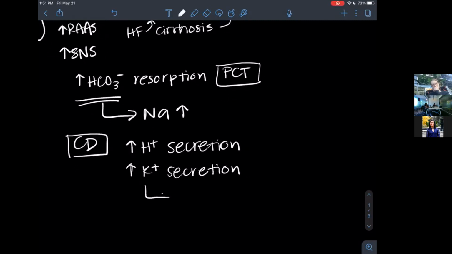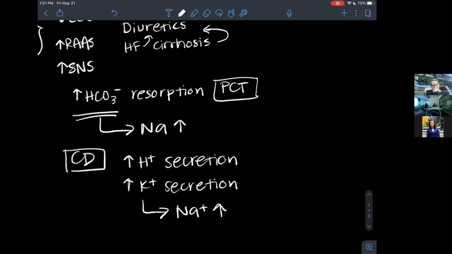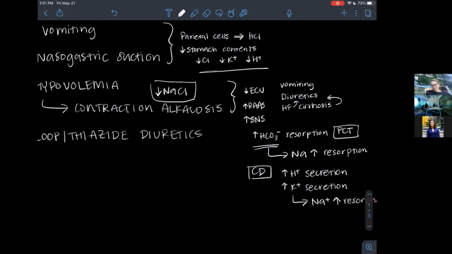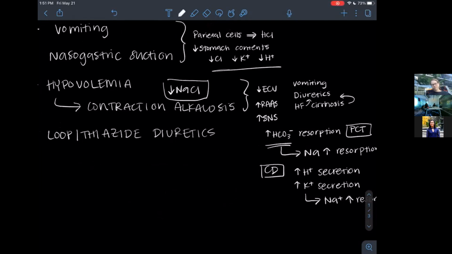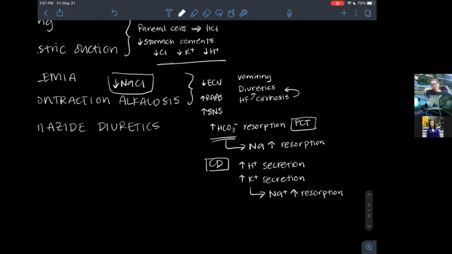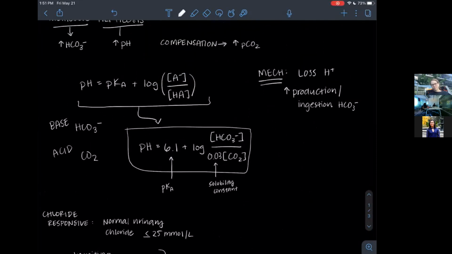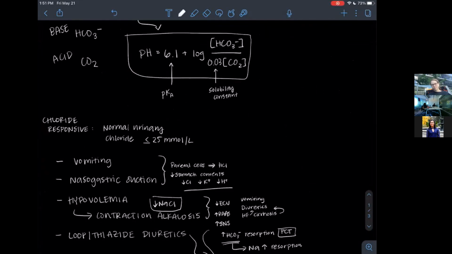The reason is that both of these increase your sodium resorption, so you want these back in your body. That's why all these things are also happening. Thiazide diuretics kind of go back into all of this stuff as well. That's the basics for metabolic alkalosis.